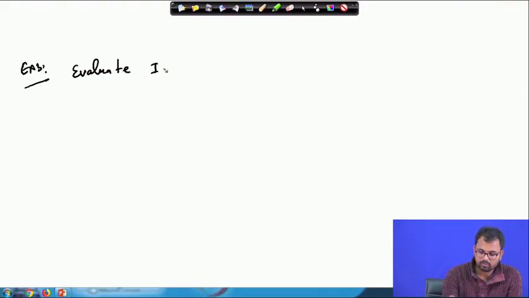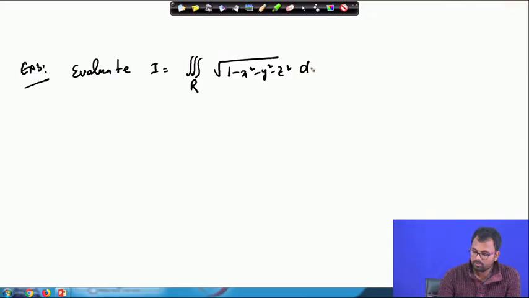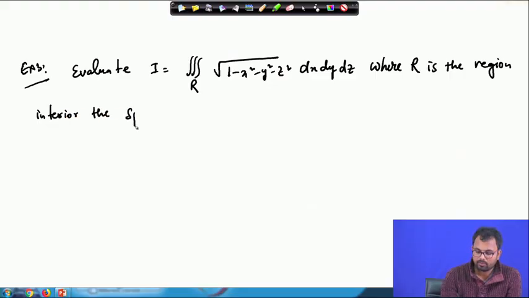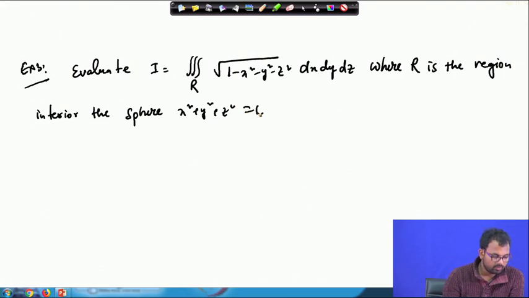evaluate I equals to integral over the region R of 1 minus x square minus y square minus z square dx dy dz, where R is the region interior to the sphere x square plus y square plus z square equals to 1.